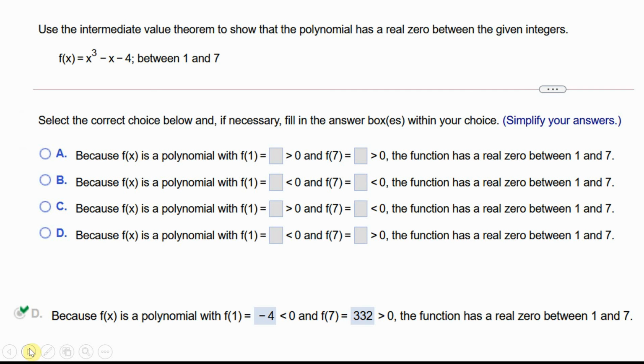Use the intermediate value theorem to show that the polynomial has a real zero between the given intervals. Who can tell me what the intermediate value theorem says, in your own words?